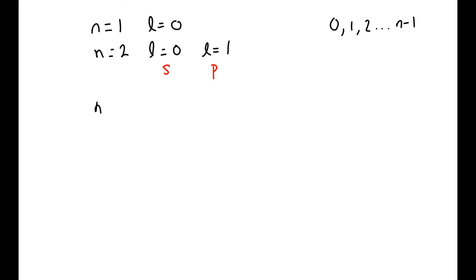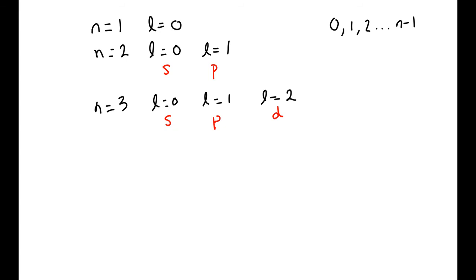For n equals 3, L can be 0, 1, or 2. So n equals 3, three possible types of orbitals: s, p, and d orbitals.